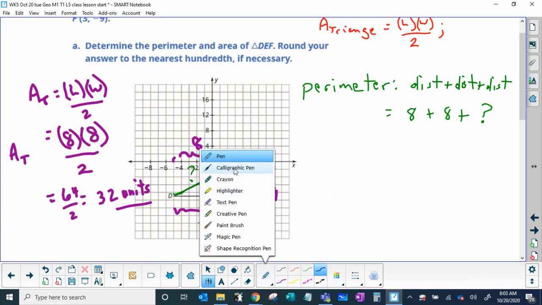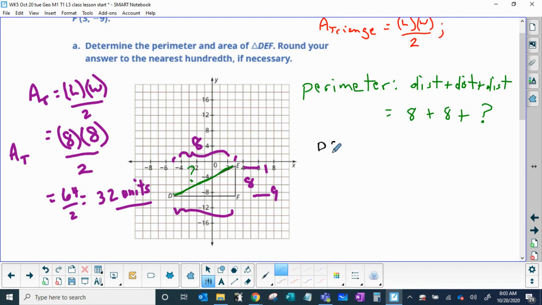Okay, so segment DE, well, we've got this new idea that we've been working on. DE squared is equal to the rise squared plus the run squared. Now remember, it looks like they counted by 2, 4, 6, 8, and here they counted by ones. So don't get tricked by that. 8 times 8 is 64. 8 times 8 is 64.